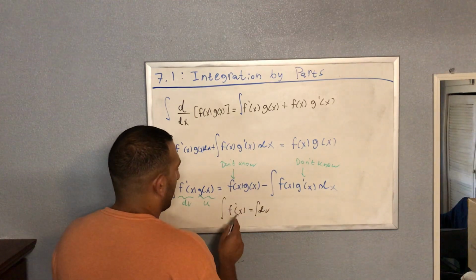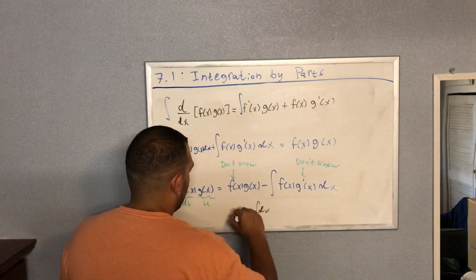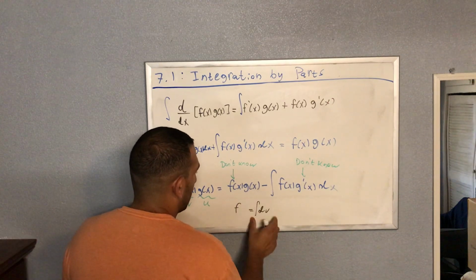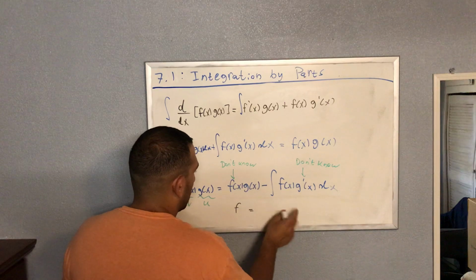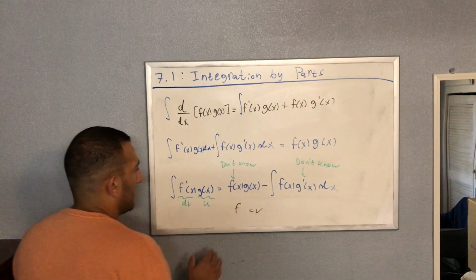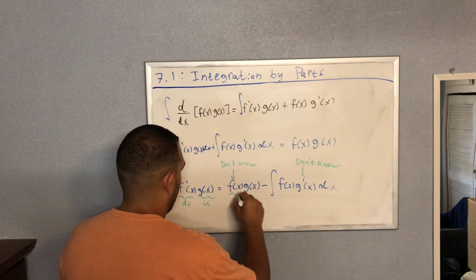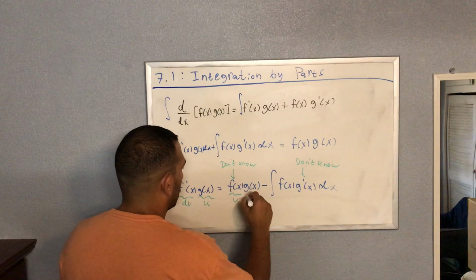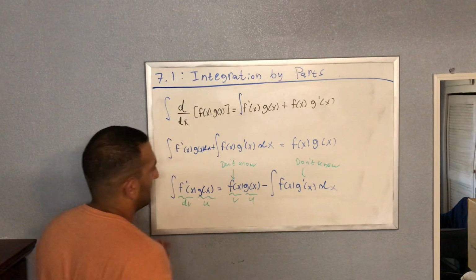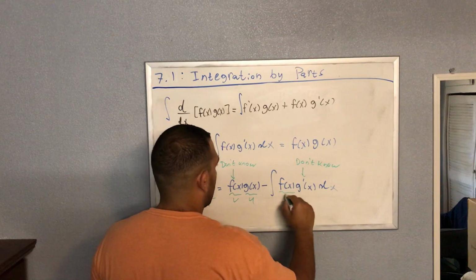Well, the integral of f prime just reduces to f, and the integral of dv will just be v. So you get that f is equal to v. So now this becomes v on this side, this is still u, and again f is v.